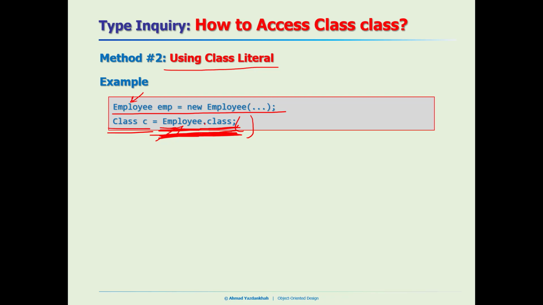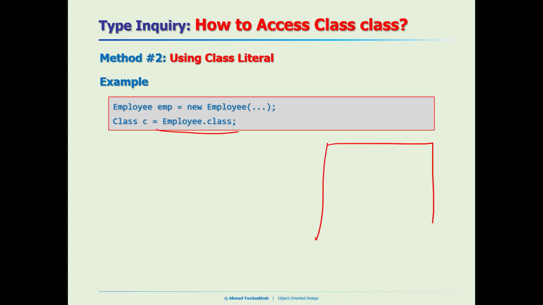All right. So we can conclude from here that if we can do this, it means that inside the Employee class, when you instantiate it, Java puts a static variable here. It should be static; that's why we can call it like this.